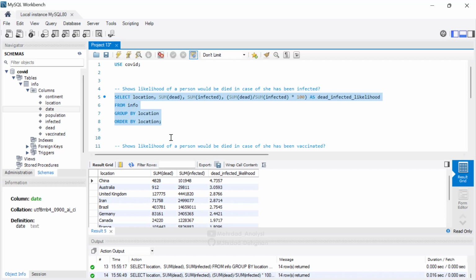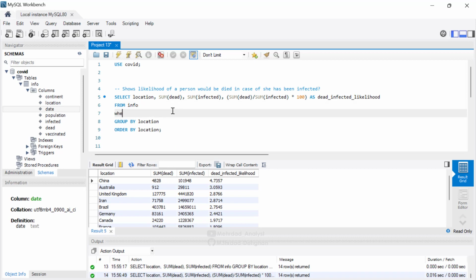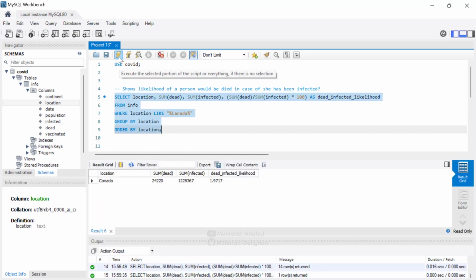And you can see, for example, let's see Canada, where the location is Canada. Let's see the data about Canada.